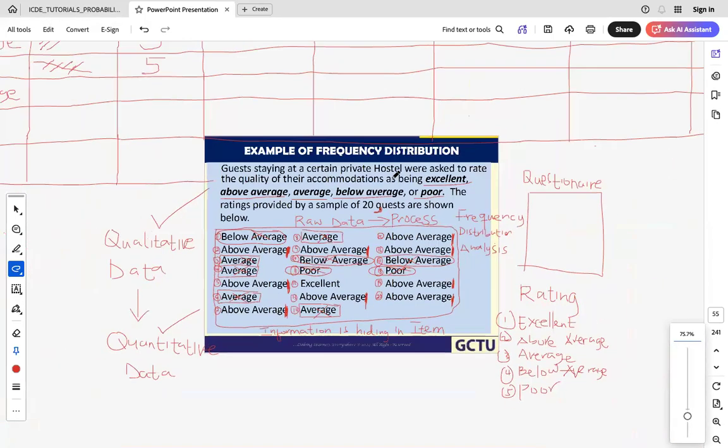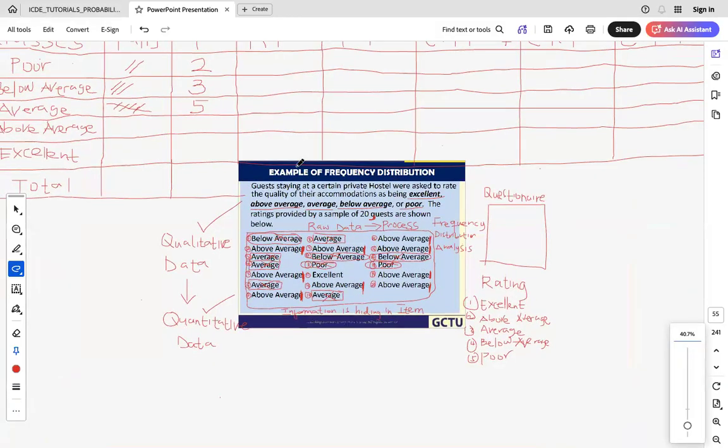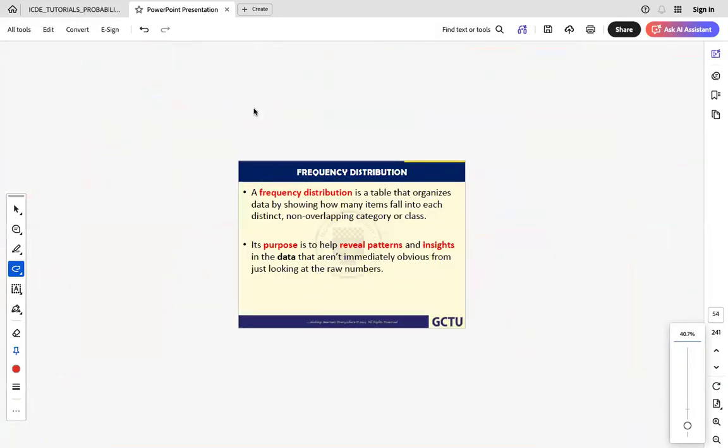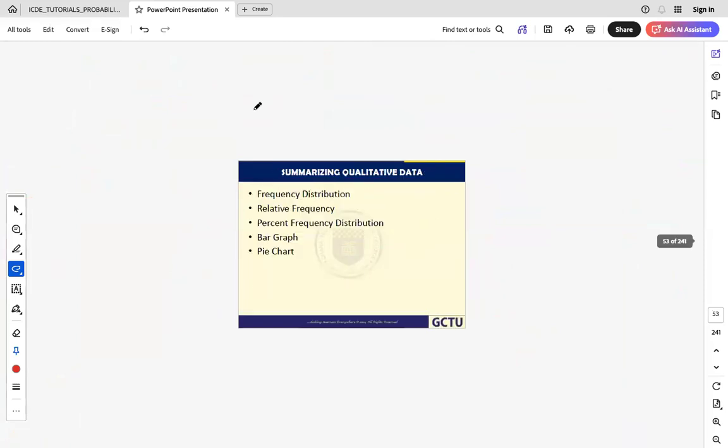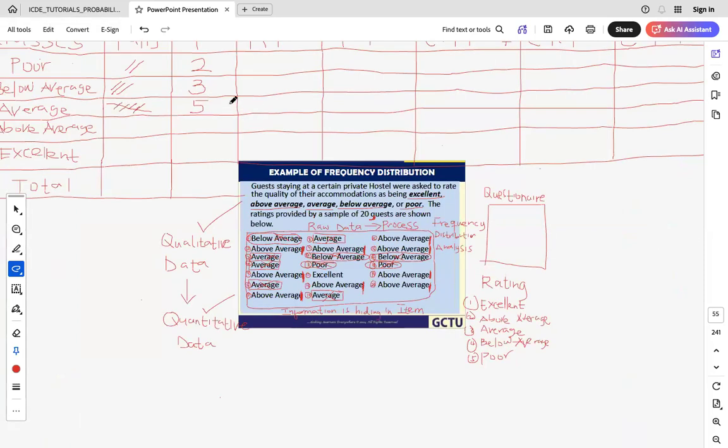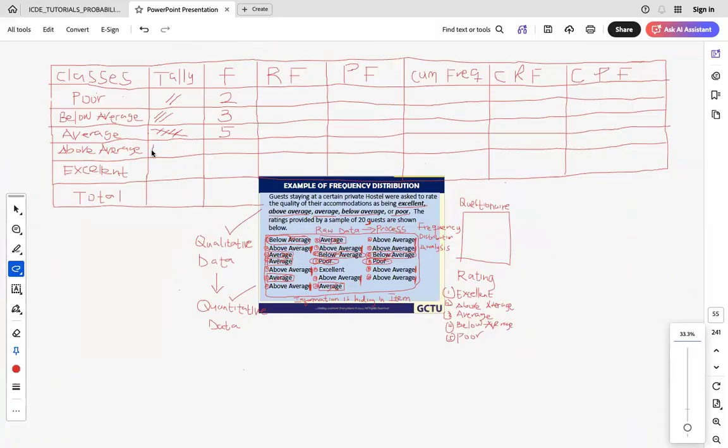We move to our table and then we record the 9 we are having for above average. So we have 9 for above average. And then the last option, excellent.